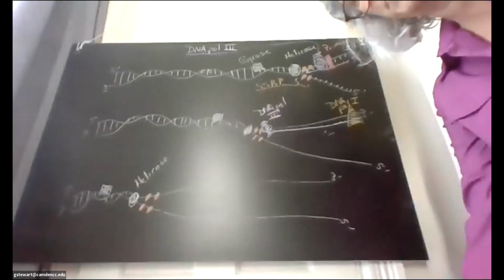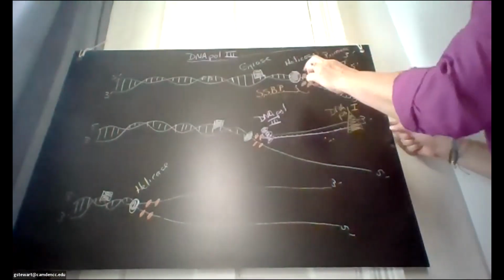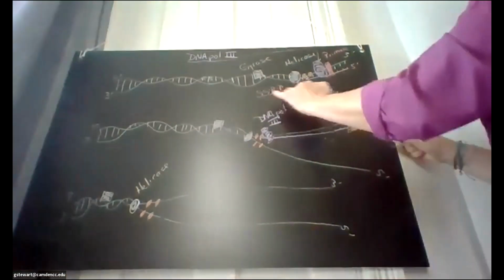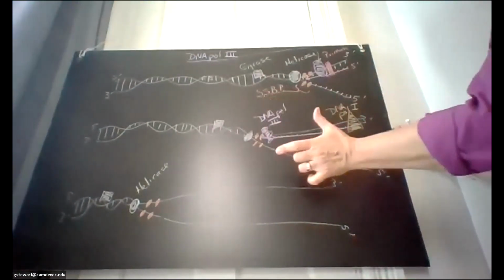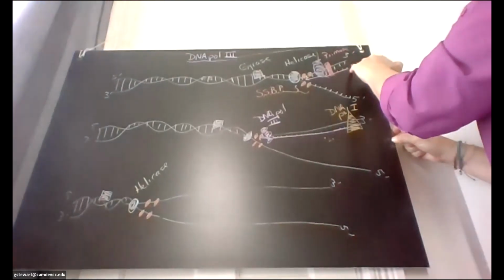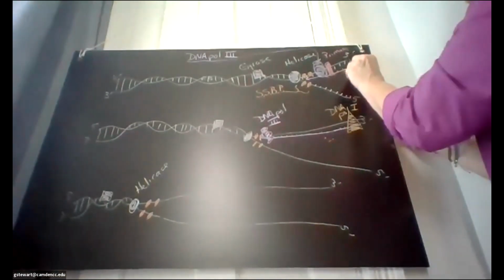Let's take it back a little bit. All right, so helicase breaks the hydrogen bonds. Gyrase relieves the supercoiling. Single-stranded binding proteins hold the replication fork open so the enzymes can get in there. Primase hops on and makes a short RNA primer, which I'll label RNA primer.